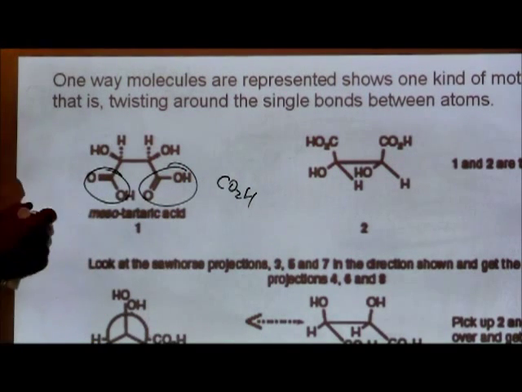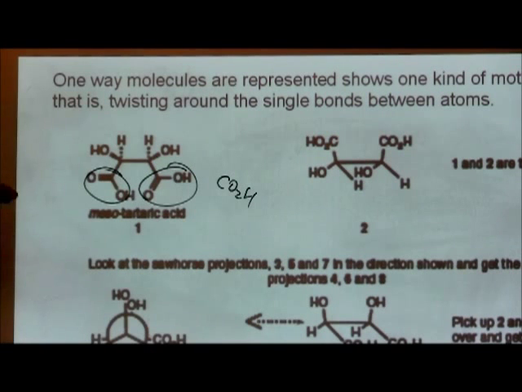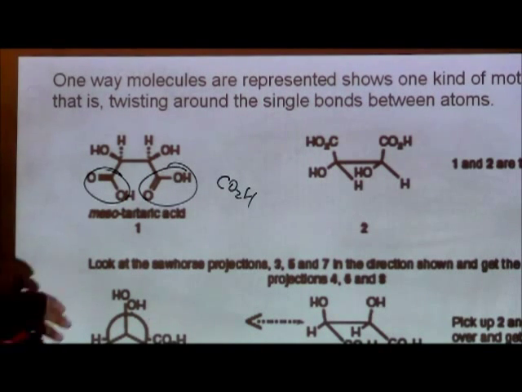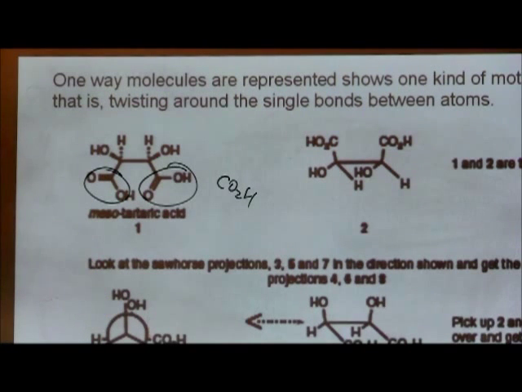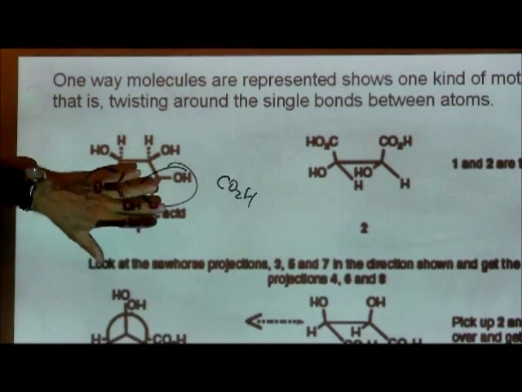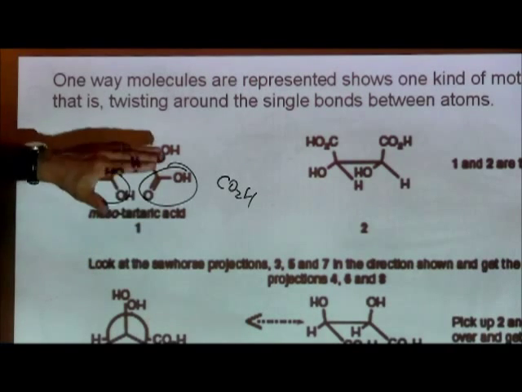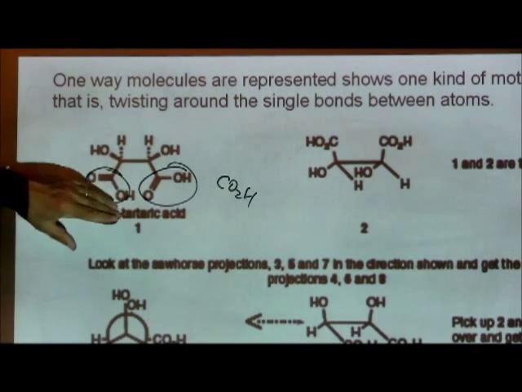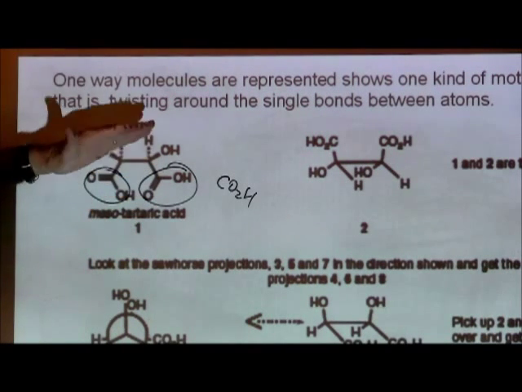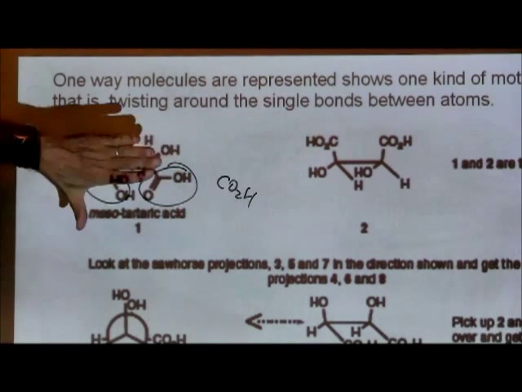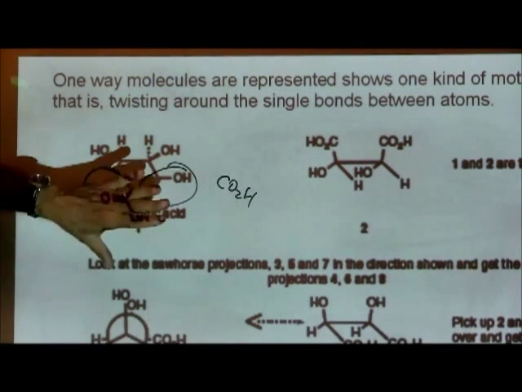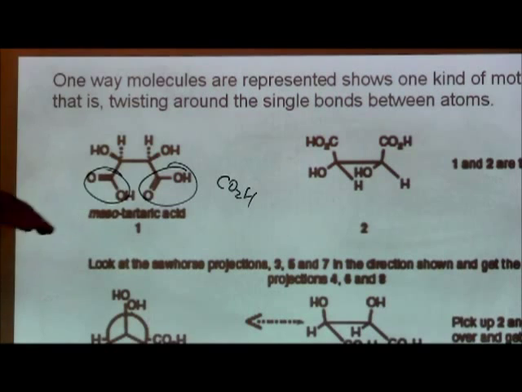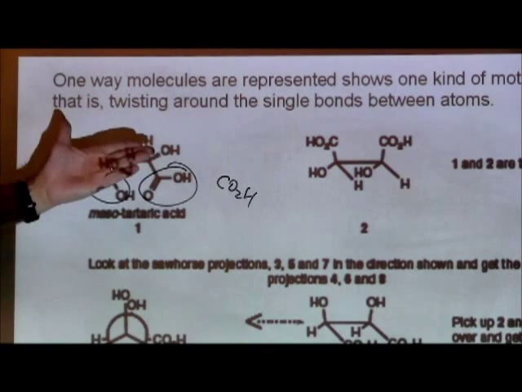Let these groups be simply represented by CO2H and not designate their bonding. We're going to go into their bonding later in the reading of this book. If I simply take this and turn it over, this is not a rotational motion at all. I'm simply taking the whole molecule and turning it over, just like taking my hand and turning it over. I'm not moving any atoms with respect to other atoms in the molecule.